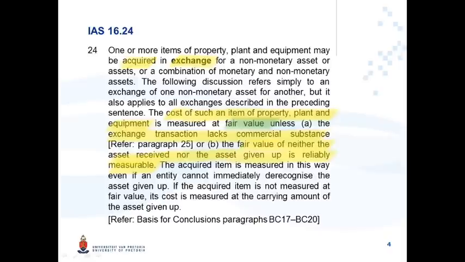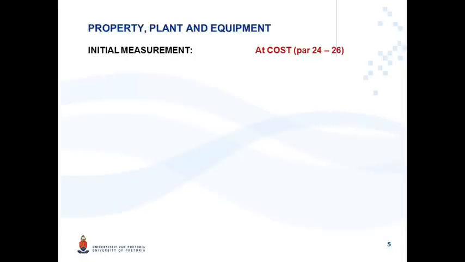The acquired item is measured in this way even if an entity cannot immediately de-recognize the asset given up. If the acquired item is not measured at fair value, its cost is measured at the carrying amount of the asset given up. Let's summarize that.